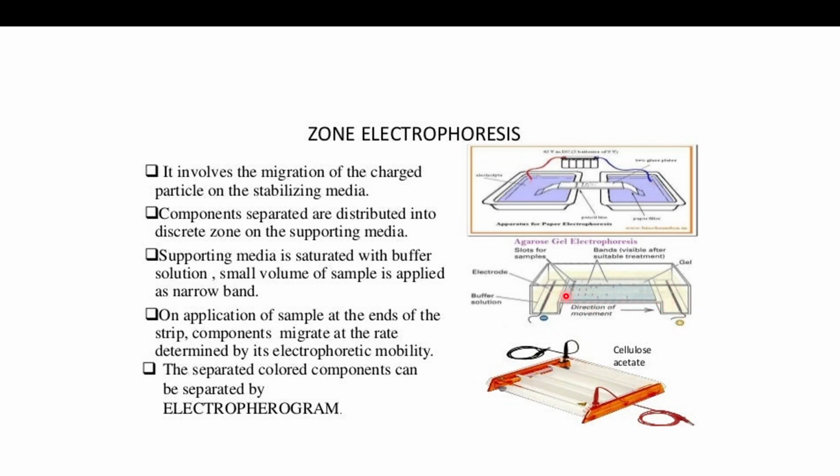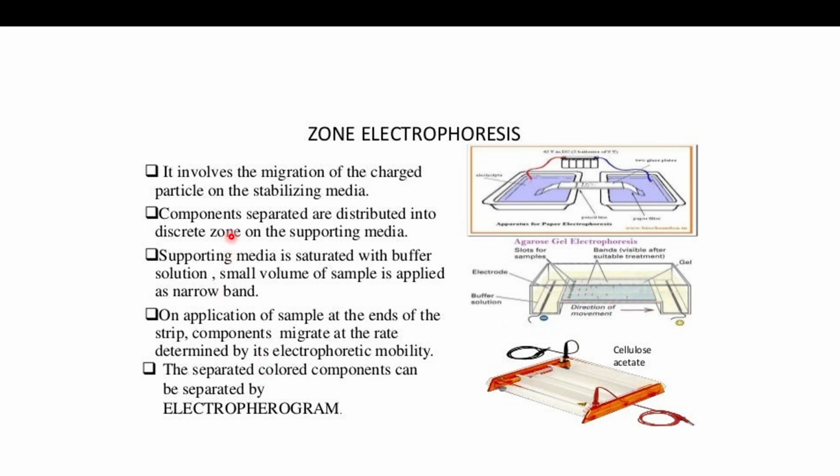But then the movement depends on how big the molecule is, because there will be a sieving effect, which separates the sample components based on their sizes or molecular weights.